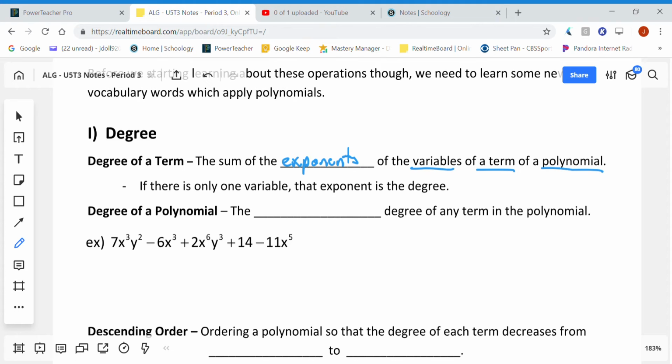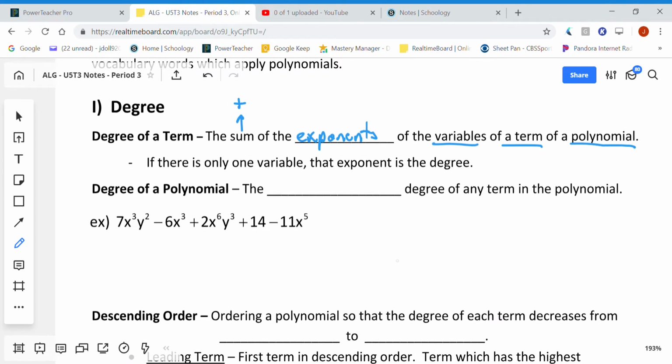I know that's a lot of ofs, and I would like to simplify that if I could, but that's the best we got. So essentially what you do is you add, because sum means addition, all the exponents of the variables, and you're going to get a number, and that number is its degree. Think of that as the measurement of the term. The bigger the degree, the larger the measurement, the smaller the degree, the smaller it is, right?